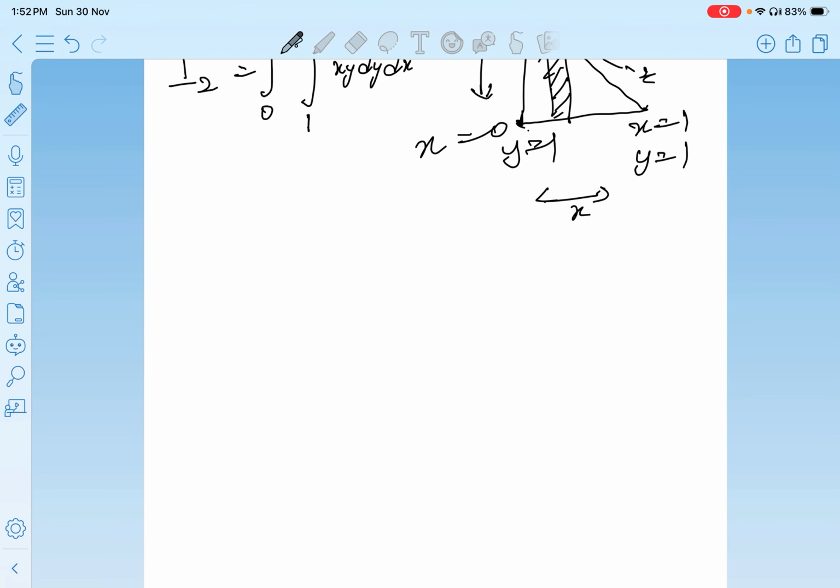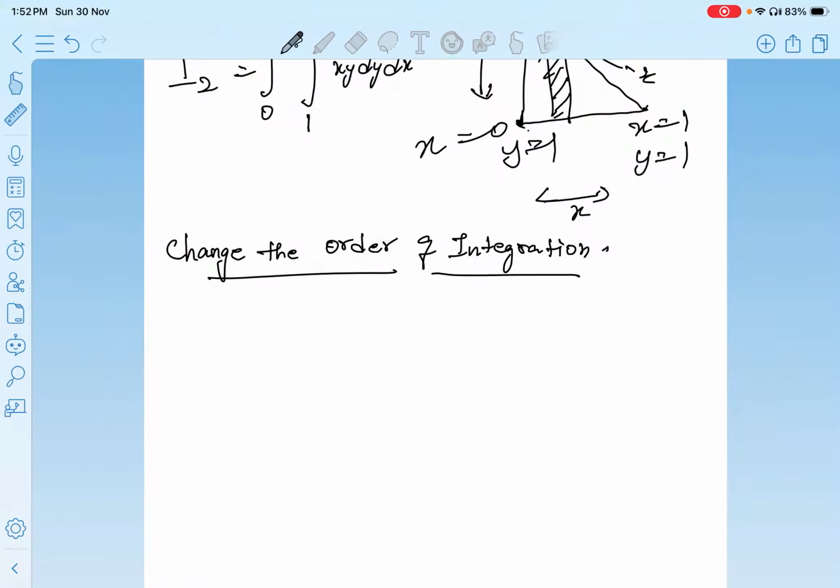What is the second step? Now we are going to change the order of integration. First, I'm going to choose I1, only the first integration, and change the order.